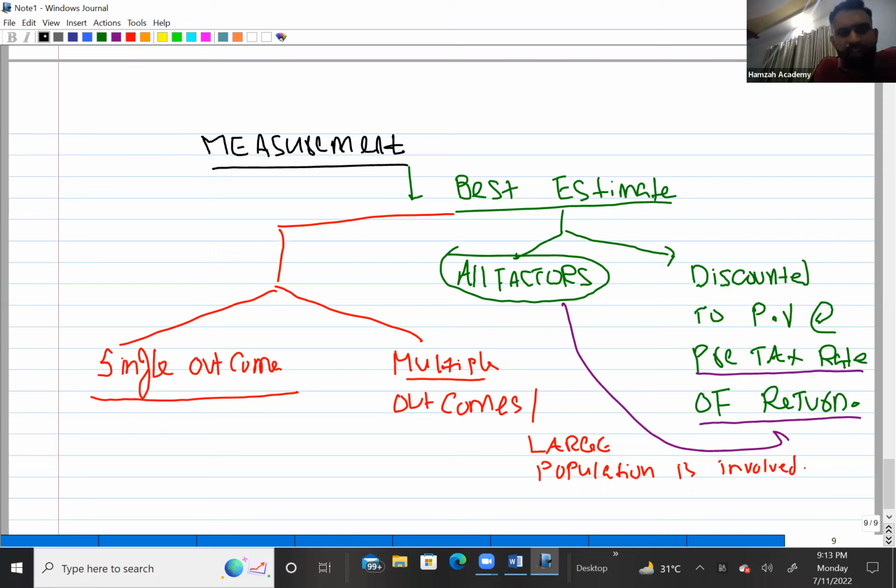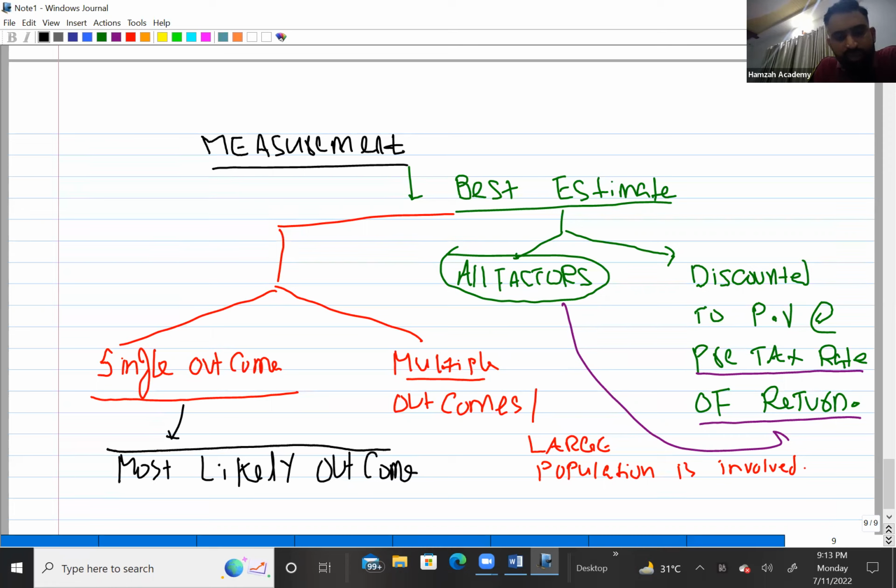Now, if a single outcome, like a court case, is involved, then the provision will be made at the most likely outcome. On the basis of the most likely outcome, provision will be made.